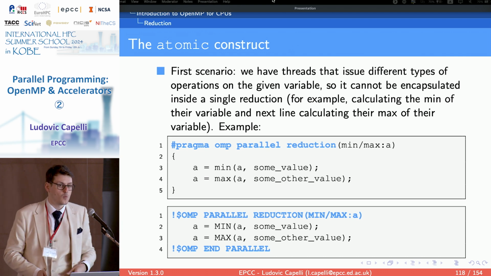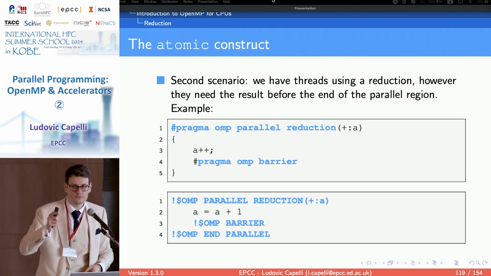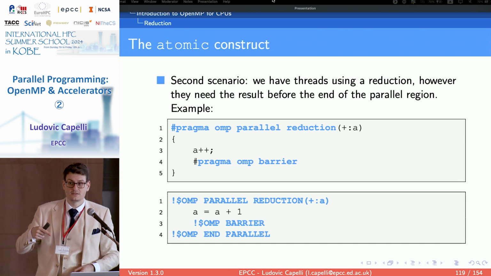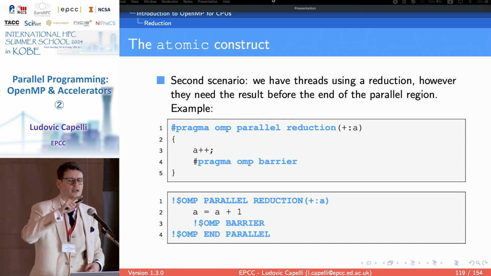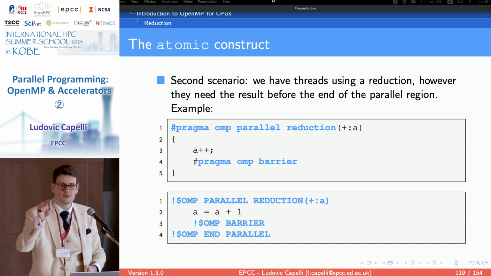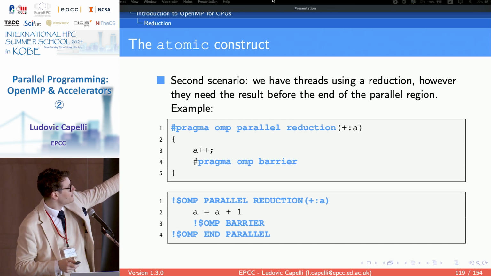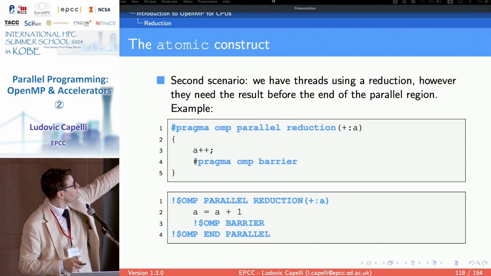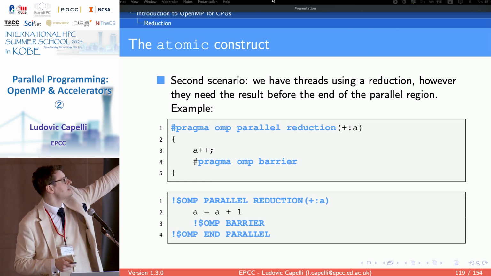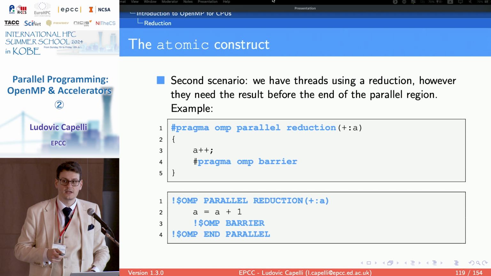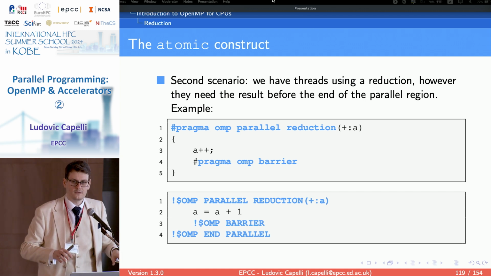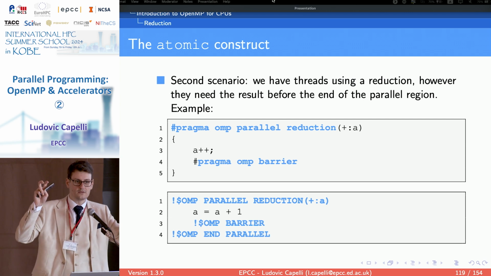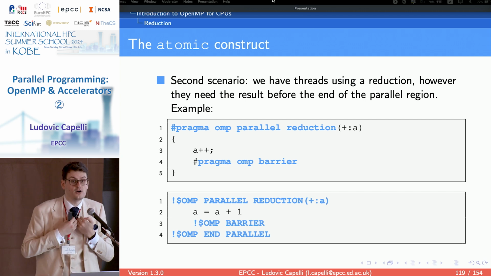Another scenario is, what if you would like to get the final result before the end? Remember this thread count plus that we had? And we had a barrier and then a print? And you want to do something like this here? After the barrier, you would like to have a print statement. It's not working. Why? Because the thread that will do the print, when they call A, they will just have access to their own copy.